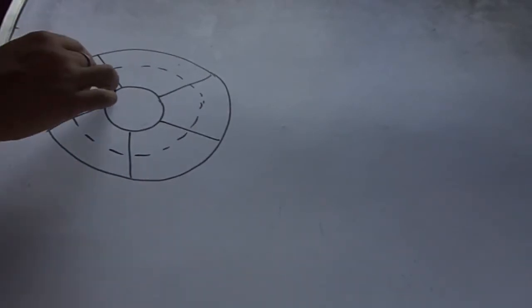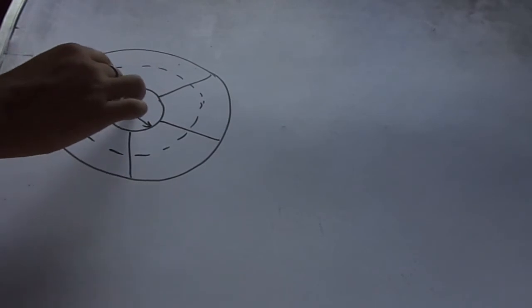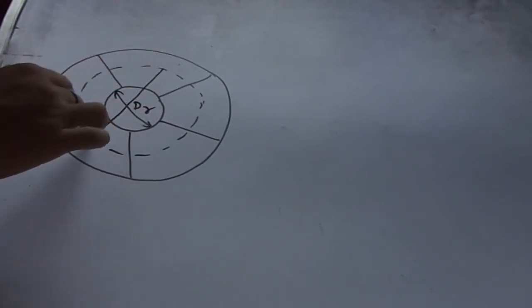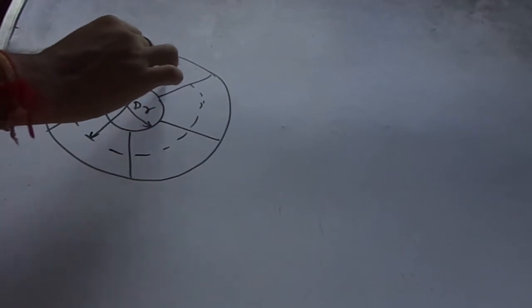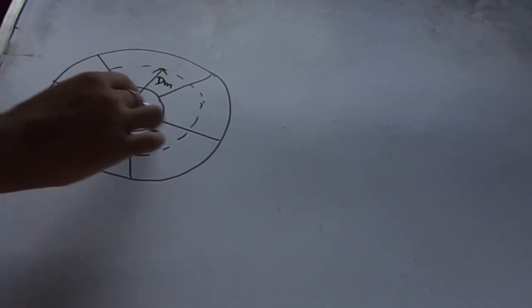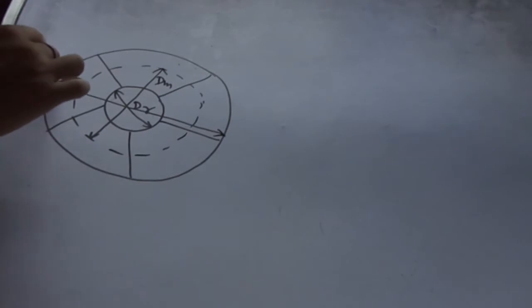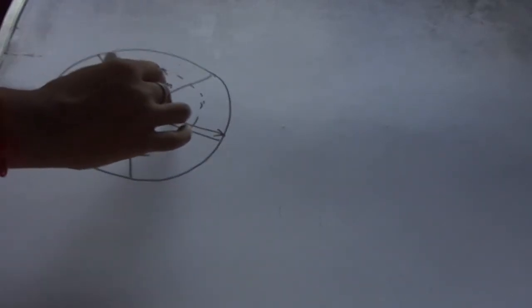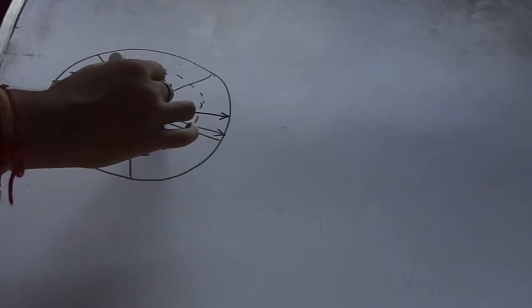The inner diameter is d_r, the middle one is the mean diameter d_m, and the extreme outer is d_t. This is the flow through a nozzle passage, and this one is H_N.